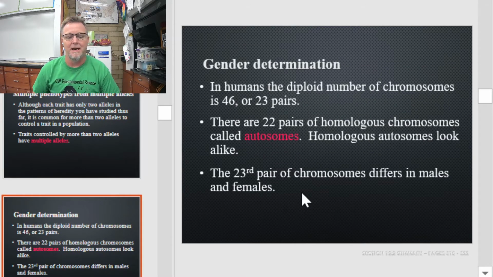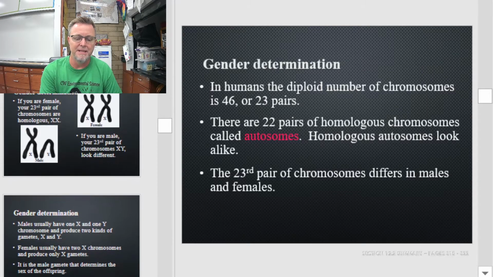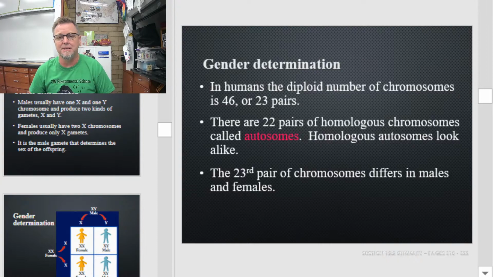Okay. The last one we're going to look at here is gender determination. Basically, your gender is determined through the inheritance of two chromosomes referred to as your X and Y chromosomes.